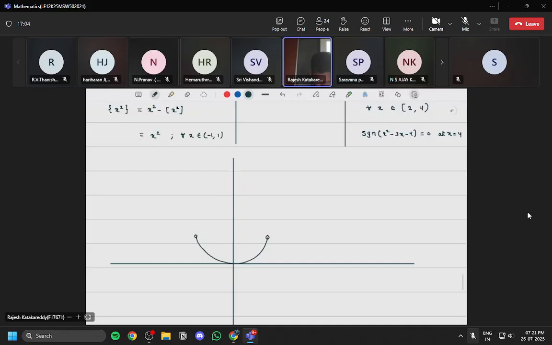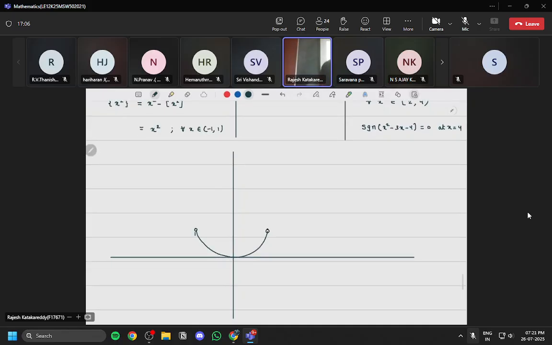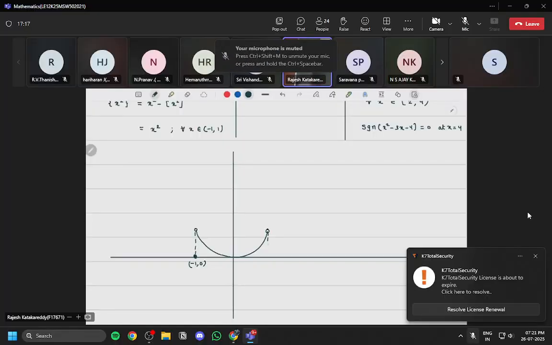So what I'll do, I'll write here: this is minus 1 comma 0. Do you understand this? This is x equals 1.